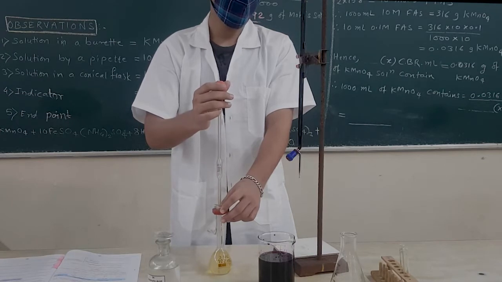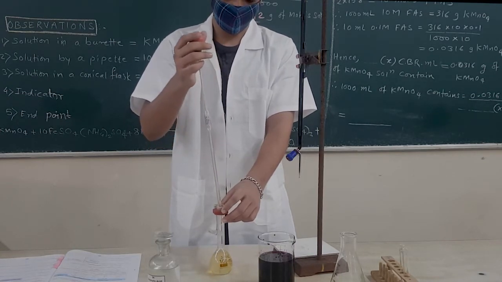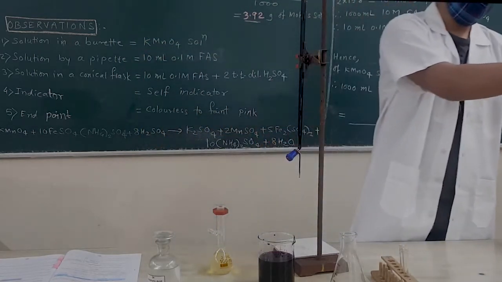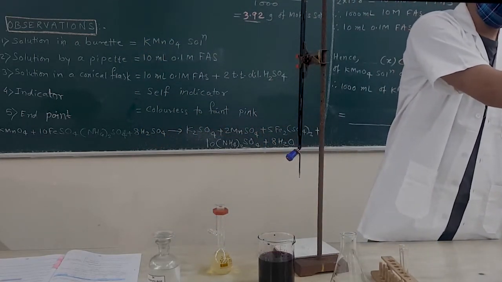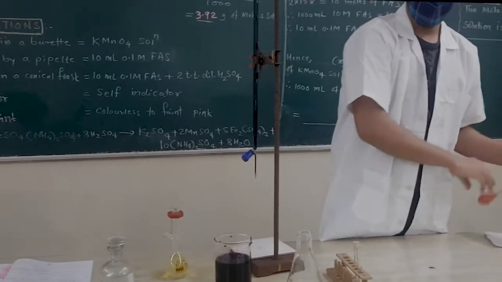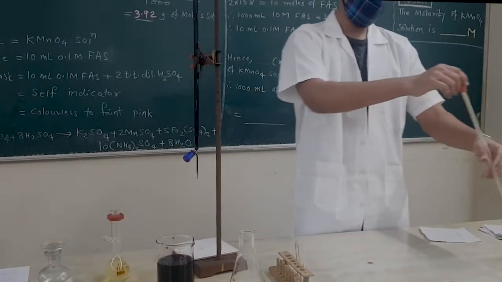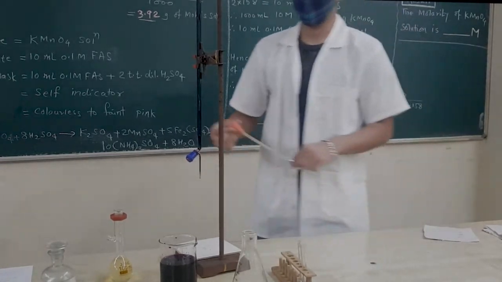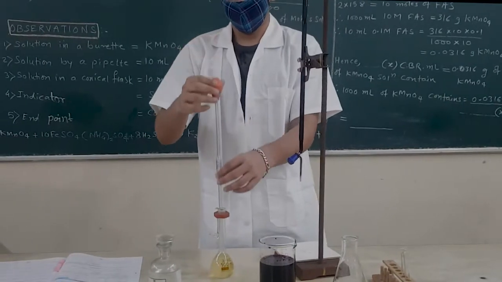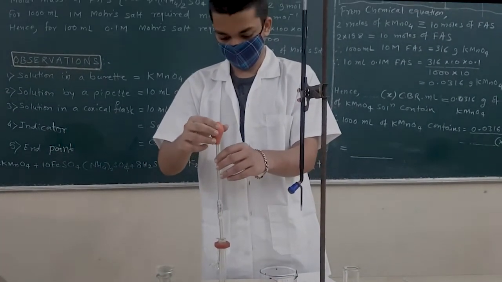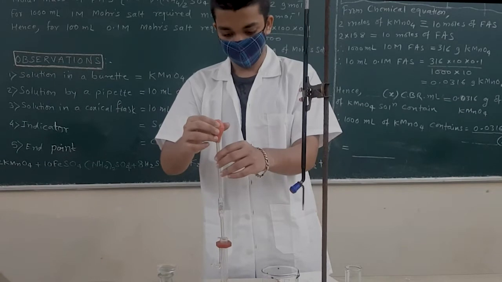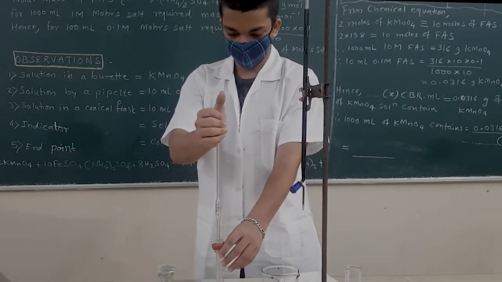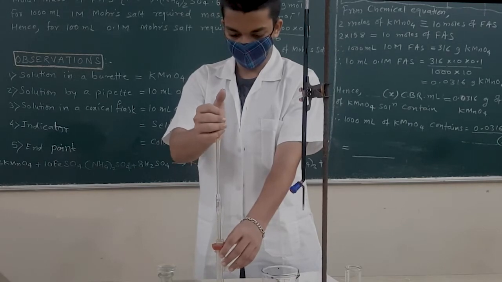So you have to rinse the pipette with ferrous ammonium sulfate. Now the next part: pipette out 10 ml of 0.1 molar ferrous ammonium sulfate from the 100 ml standard measuring flask, and transfer this solution into a conical flask.